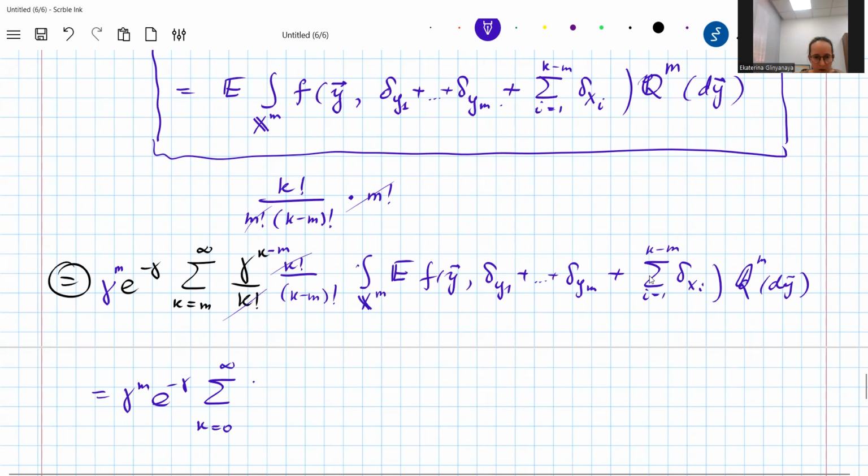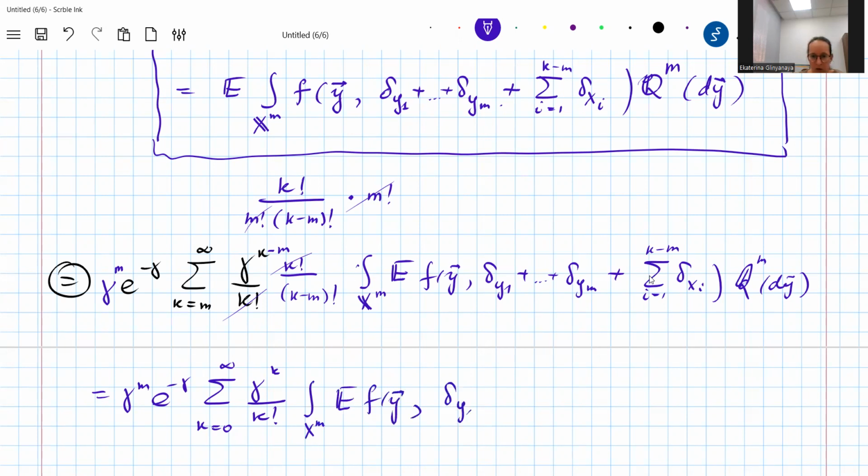And I have gamma to the power k over k factorial. So I just did a change of variable, and here the expectation of f of delta y_1 and so on, delta y_m plus the sum from 1 to k of delta x_i.